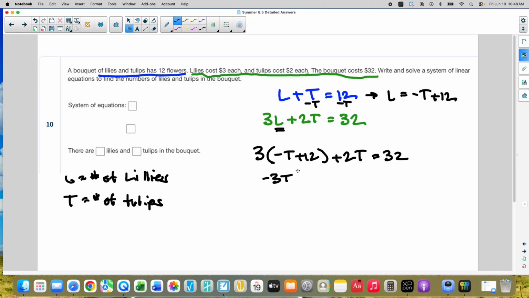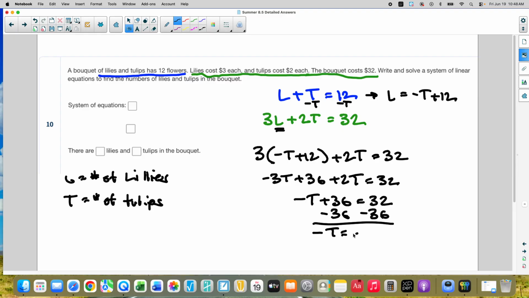Negative 3T plus 36 plus 2T equals 32. Combine like terms, that's negative T plus 36 equals 32. Let's subtract the 36. Negative T equals negative 4. Divide by negative 1.